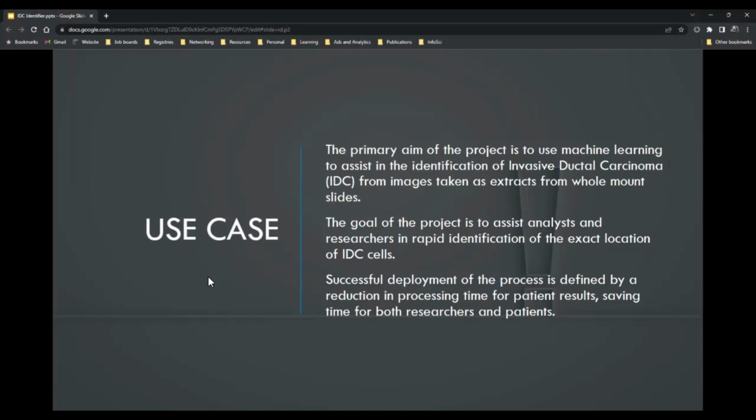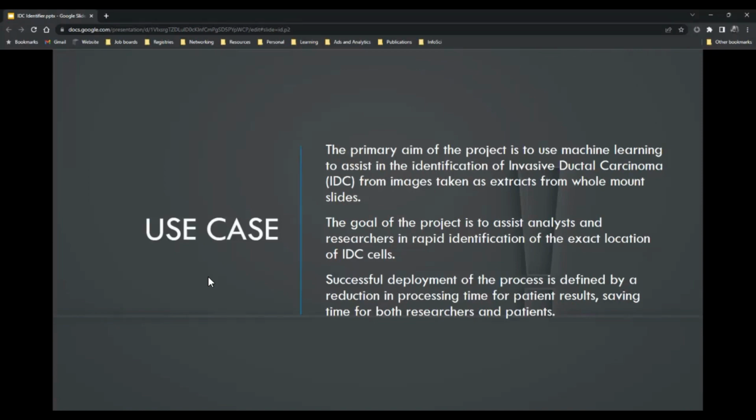The goal of the project is to assist researchers in identifying how rapidly these things are growing and parsing the exact location of these IDC cells.